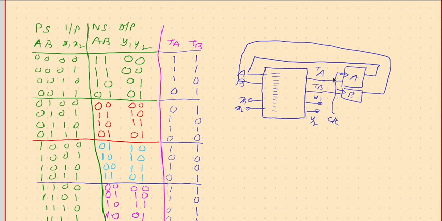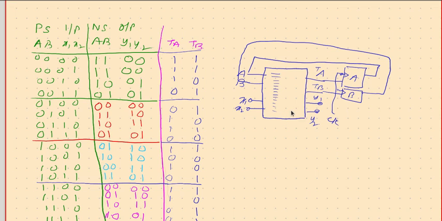So the output was 1 and now toggles, so it becomes 0. This is 0, the output was 1 and remains 1, so it will be 0 1. That's what we wanted: we wanted to go to 0 1, and the output generated will be 1 0. So a simple circuit like this can solve the problem.